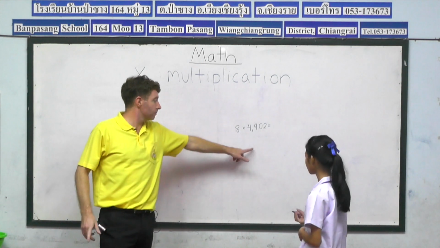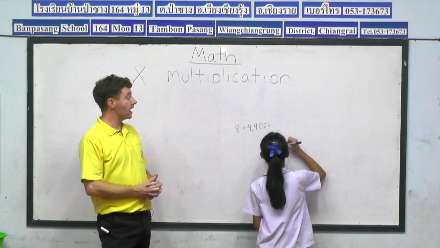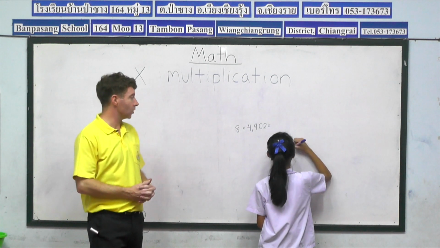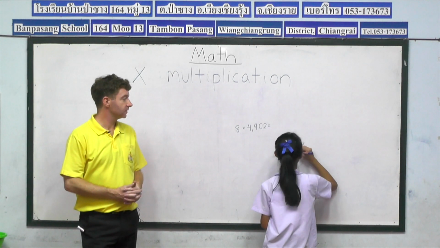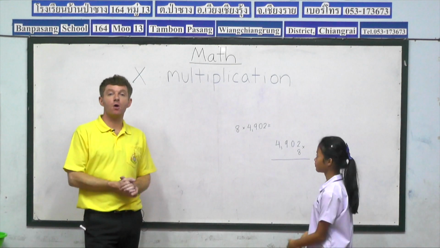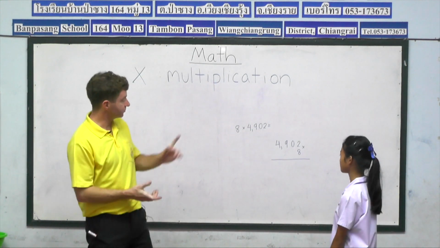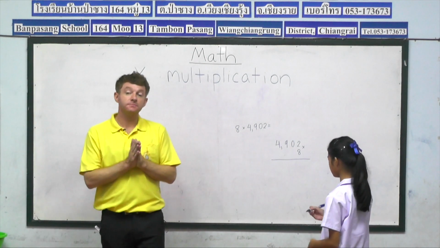So the first number we write, 4,902 times 8. So now we're ready to begin answering our multiplication problem. So starting with the ones, 8 times 2 equals 16.